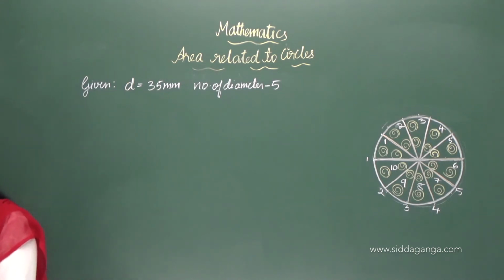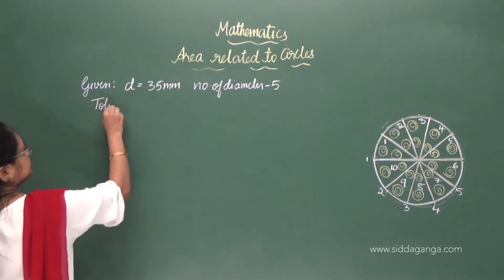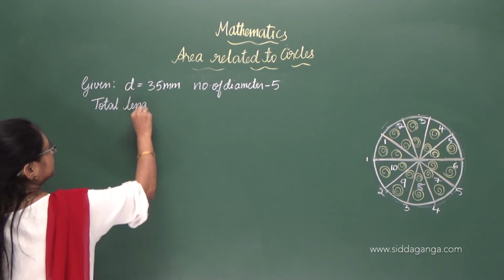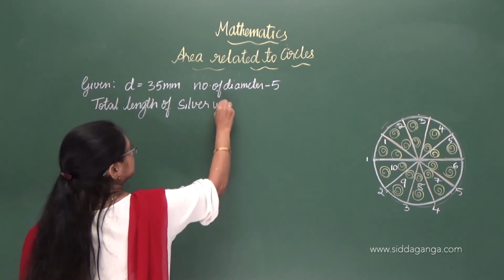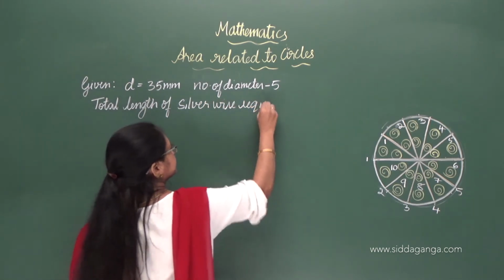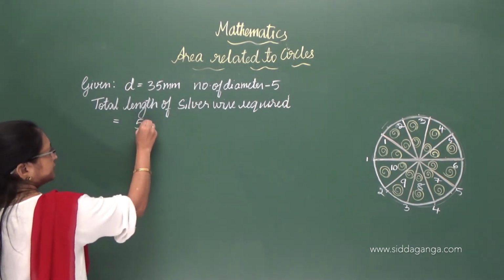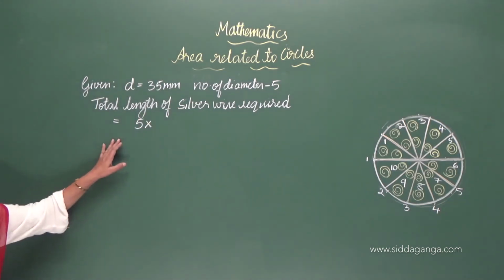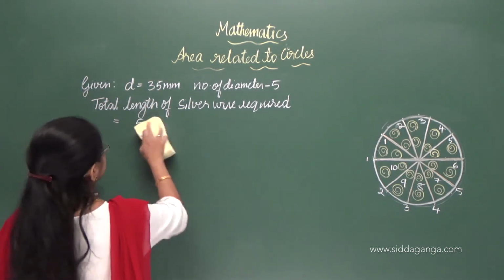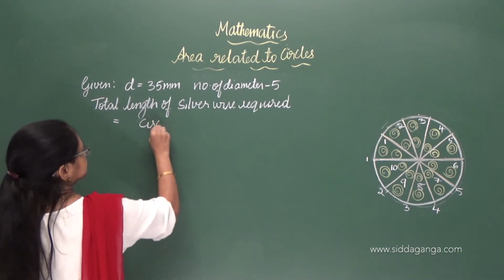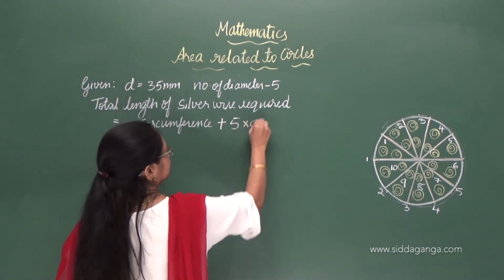Okay. Now let us try to do this problem. Let us write: total length of silver wire required is equal to circumference plus 5 into diameter, correct?